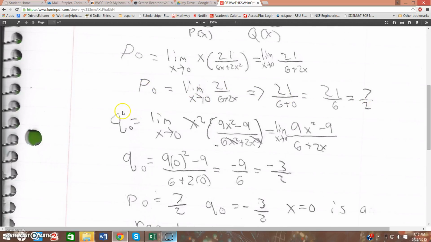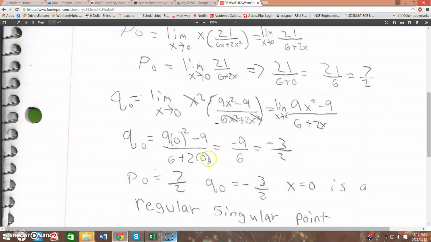And so we come down and we do the same thing for q naught, but we multiply q of x by x squared instead of x, and so we take the limit of that.